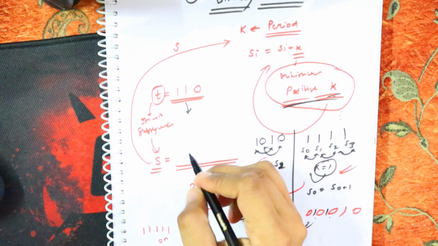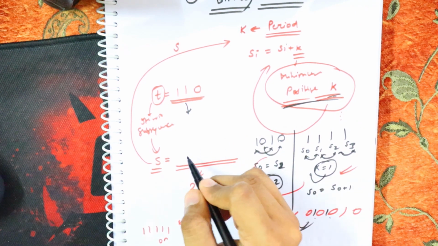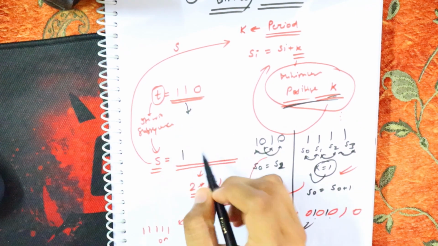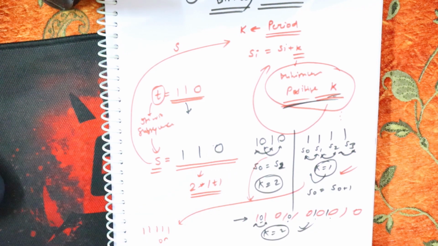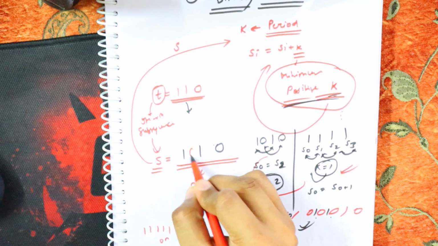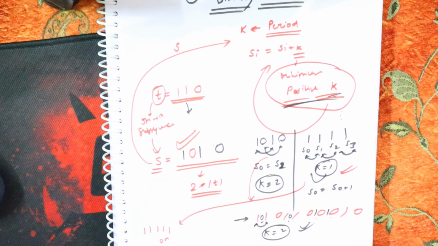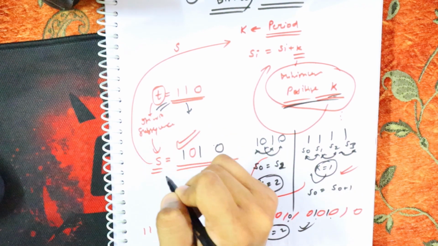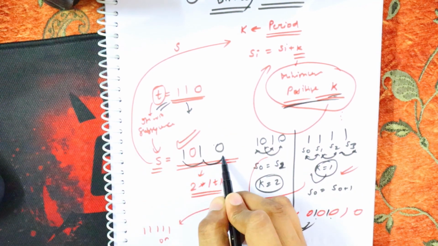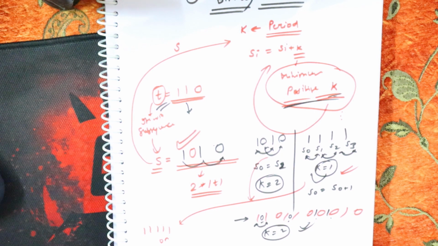So I will make it 1 0 1 0, placing a 0 here. I will output this string, because t is always a subsequence of this string s, since you are using a string of only ones and zeros. Understanding? So I guess you got the intuition behind it.